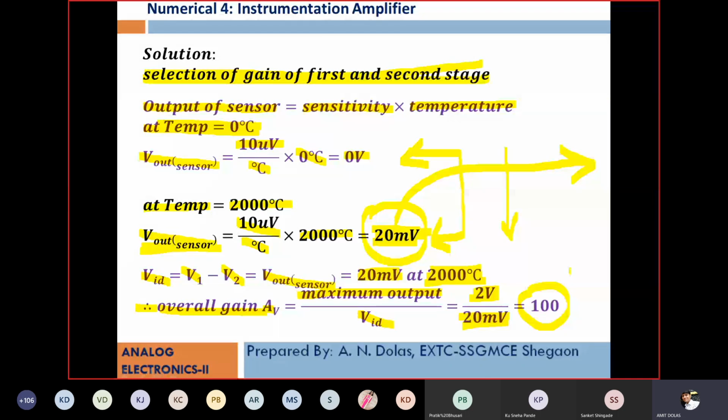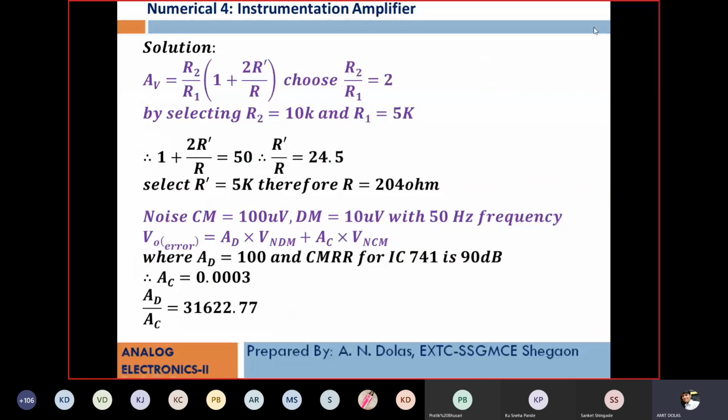You may find several solutions. If you choose R2 by R1 equal to 1, then it is correct. Accordingly the values of R dash and R will come out. If you choose R2 by R1 equal to 2, accordingly the values of R and R dash will come out. So nothing is wrong if you go for R2 by R1 value 1, 2, say 4, likewise.